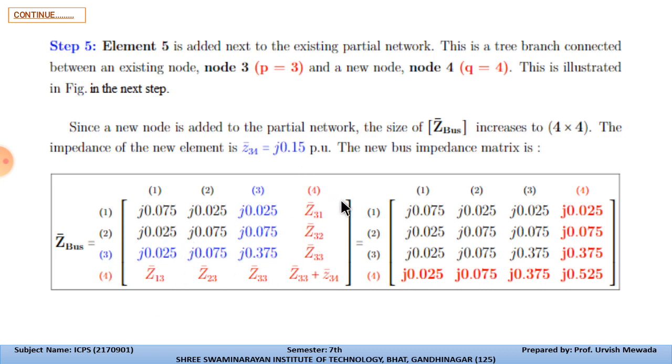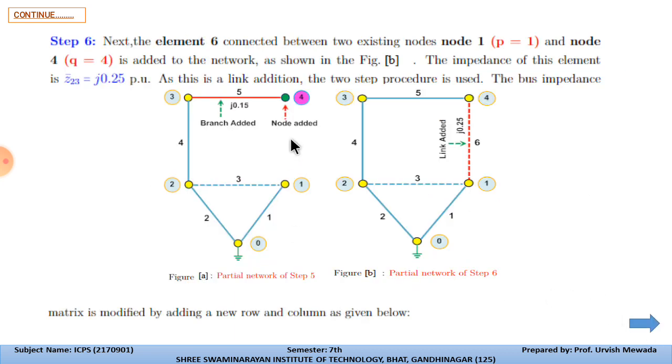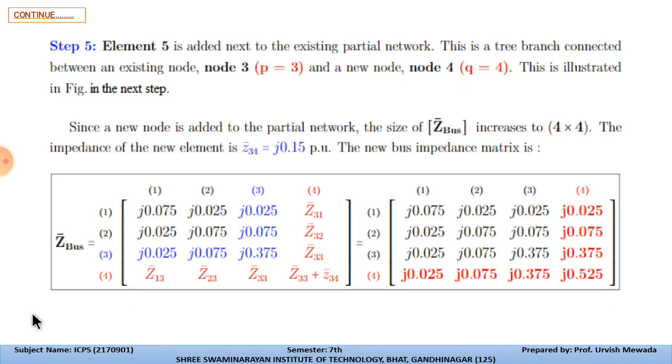So that's why the matrix will become 4 by 4, so 4 row and 4 column. So the impedance of new element is 3 to 4, Z34 is 0.15 pu. So it is drawn in this diagram. So let's have the Zbus formation for this.